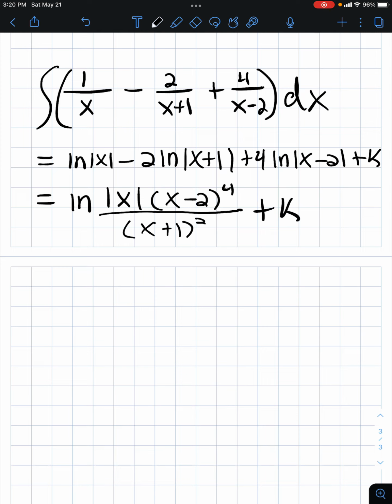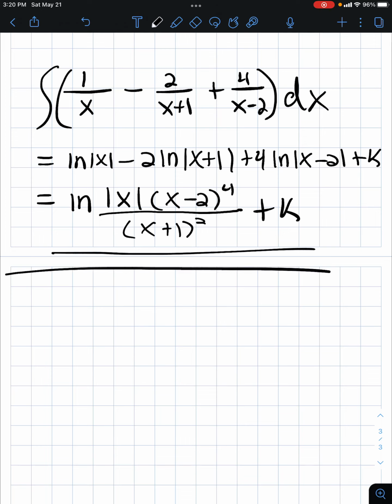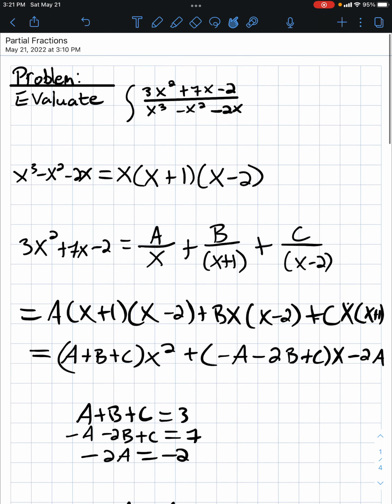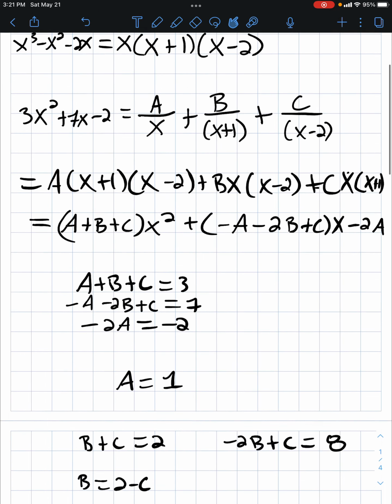And don't forget your constant K, or C, or whatever you like to put there. And this is the integral of (3x² + 7x − 2) divided by (x³ − x² − 2x).